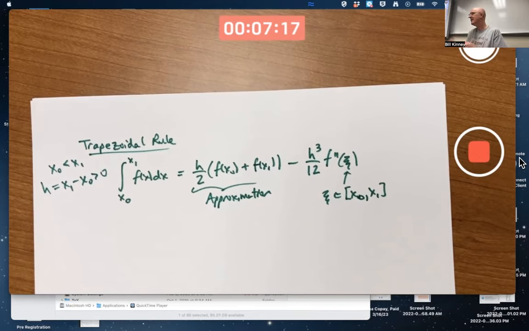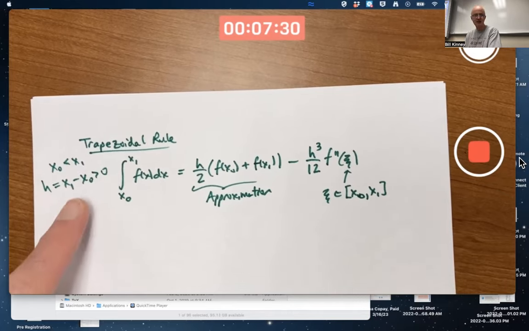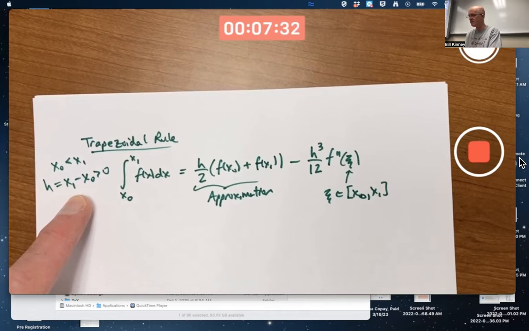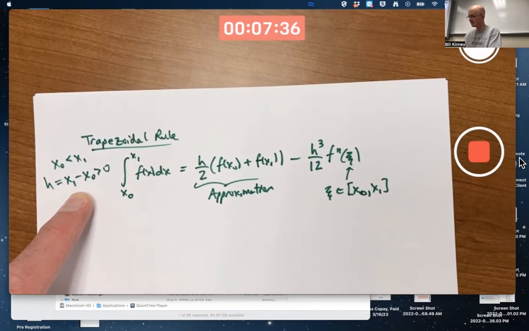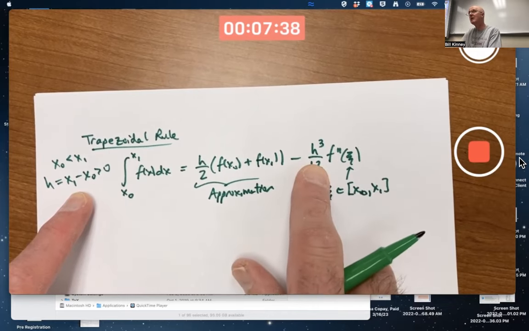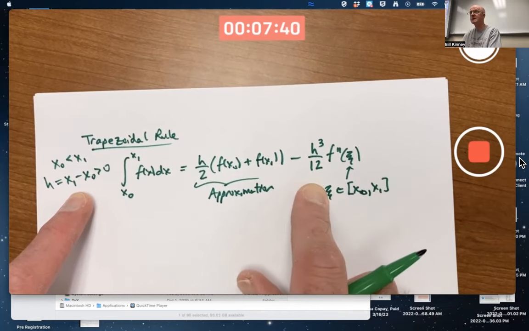But even if you don't know what xc is, if you can bound the second derivative for the function on the interval in question, you can come up with an upper bound for the absolute value of this thing. And if h is relatively small, if x0 and x1 are close together, yeah. I mean, if h is like 0.5 or 0.1 or something, or maybe smaller, h cubed is going to be really small. Divided by 12 is going to be even smaller.